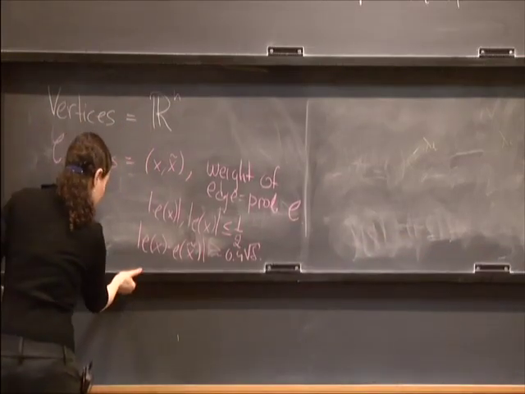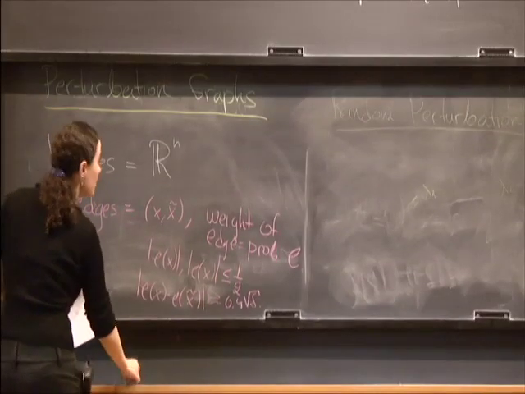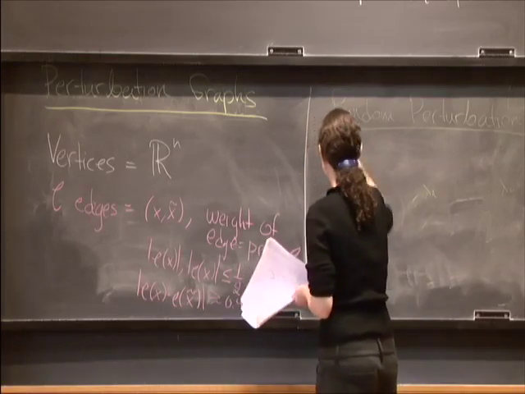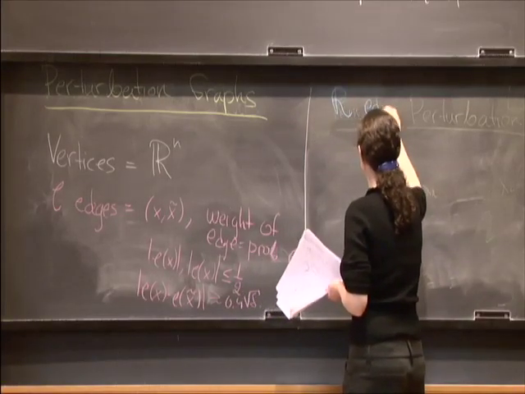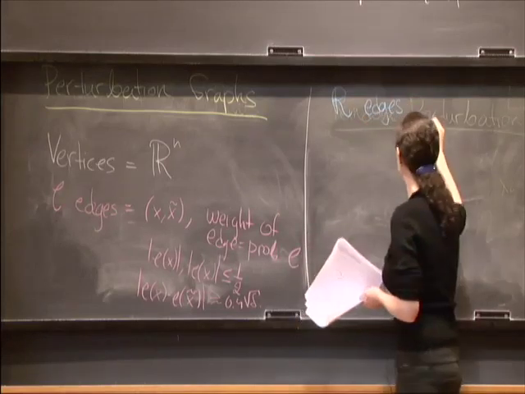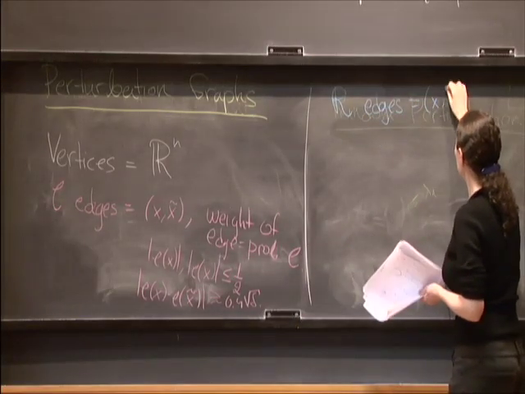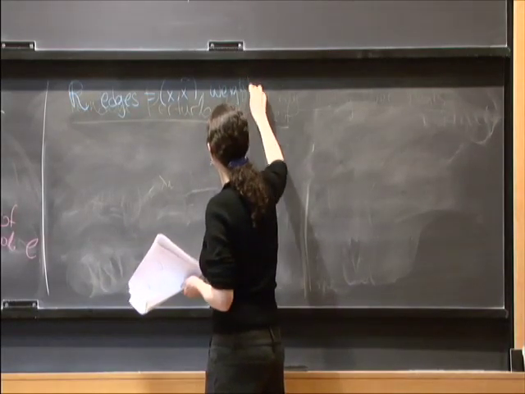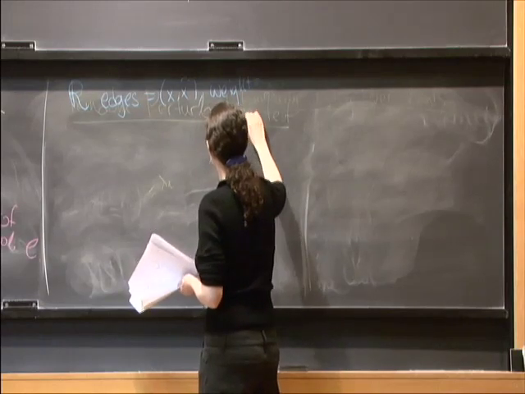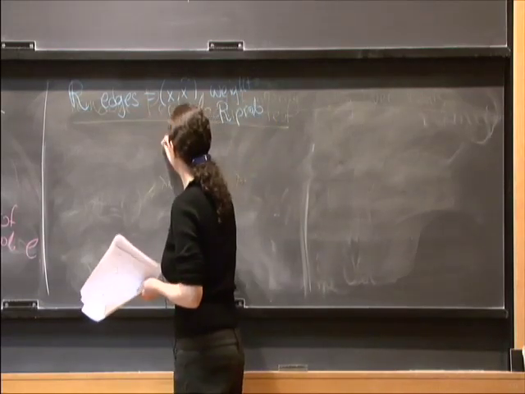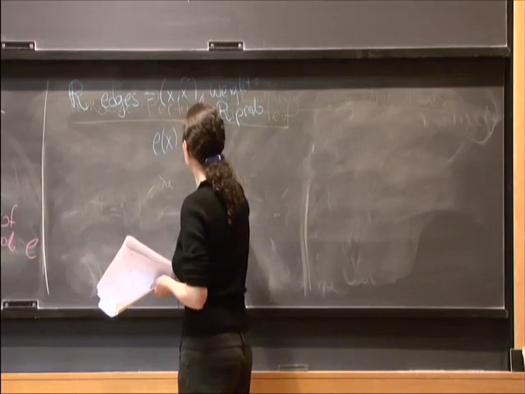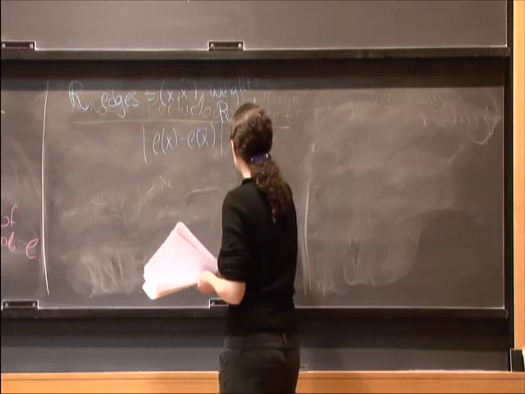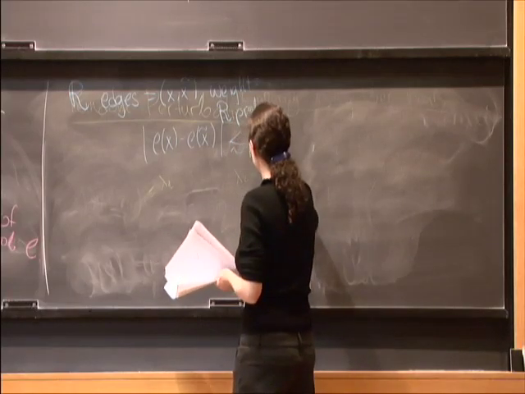I also define R edges. So this will again be x and x perturbed, where the weight is the R probability. And really I have this condition that the difference is at most 10 to the minus 4 square root delta.